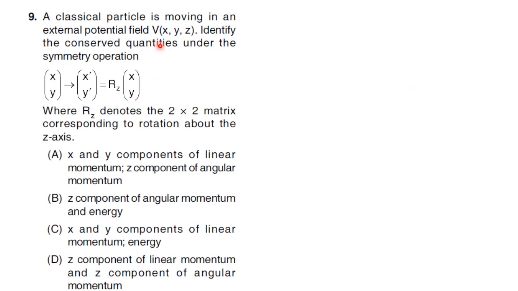A classical particle is moving in an external potential field V of xyz. Identify the conserved quantities under the symmetry operation where xy changes to x prime y prime under the operation Rz, where Rz denotes the 2 by 2 matrix corresponding to the rotation about the z axis. Here if you consider this as y, this x and this one as the z axis, then rotation is about the z axis.